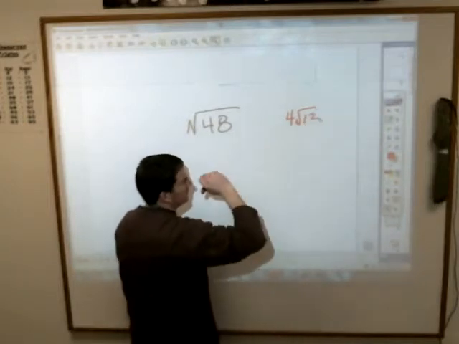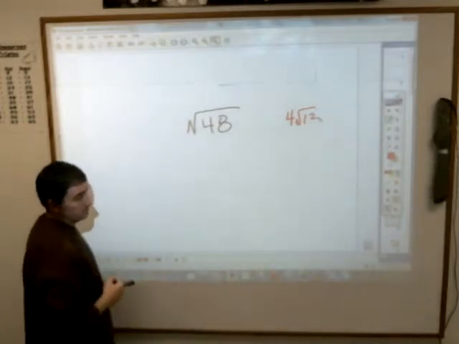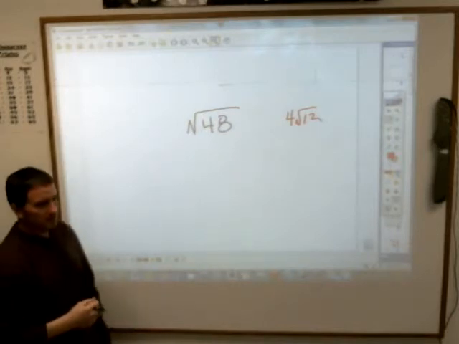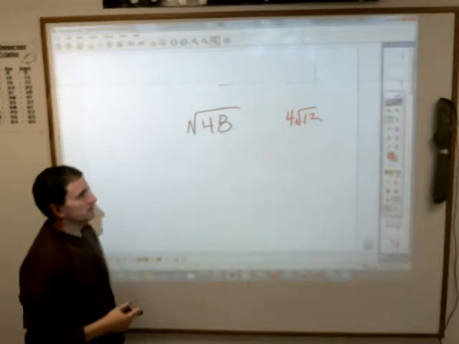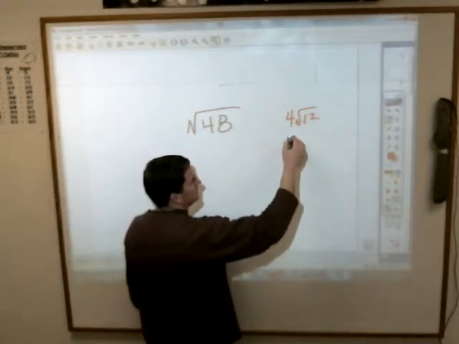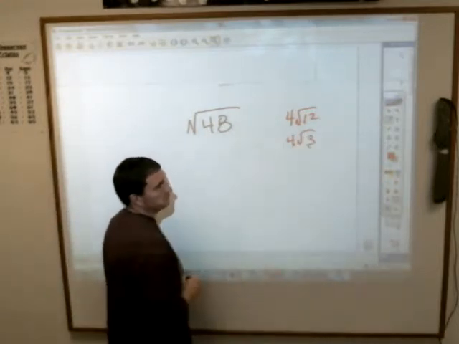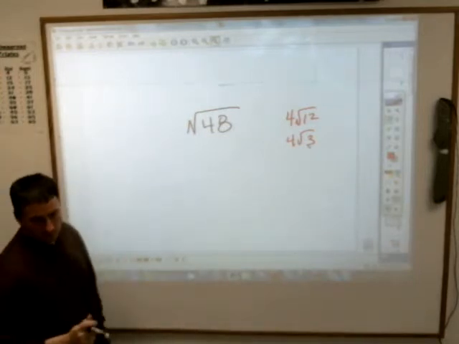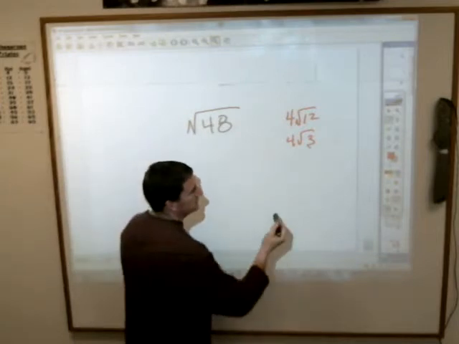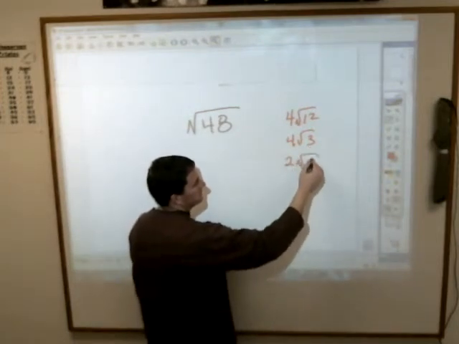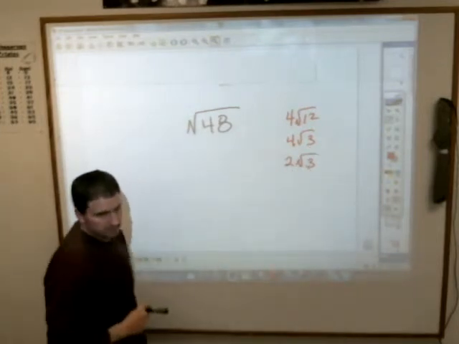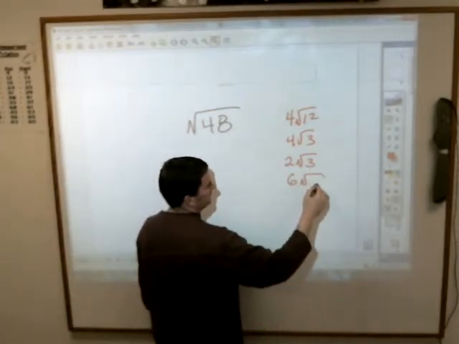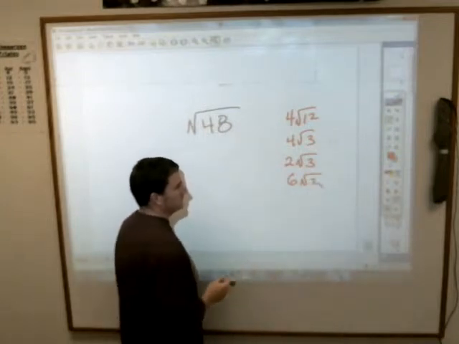You can't have the square root of 12, because the square root of 12 could be simplified. 4 times the square root of 3. Did we get something else? Hala? 2 times the square root of 3. Anybody got anything else? John? I got 6 times the square root of 2?